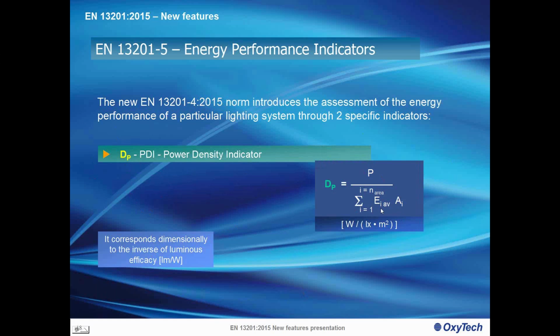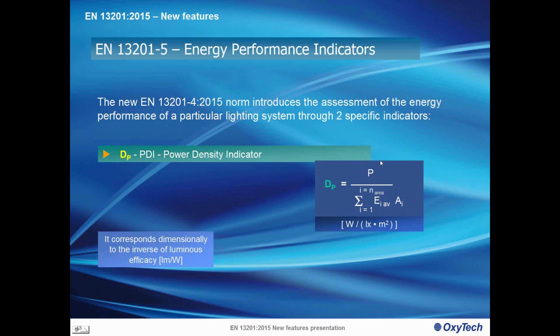So the luminance of the I area, the average illuminance of the I area. It is saying that if we have a road characterized by different areas, for example an M area, then a C area for the conflict area, and then a P area, we have to consider the luminance and the area of any of these areas and sum them together.